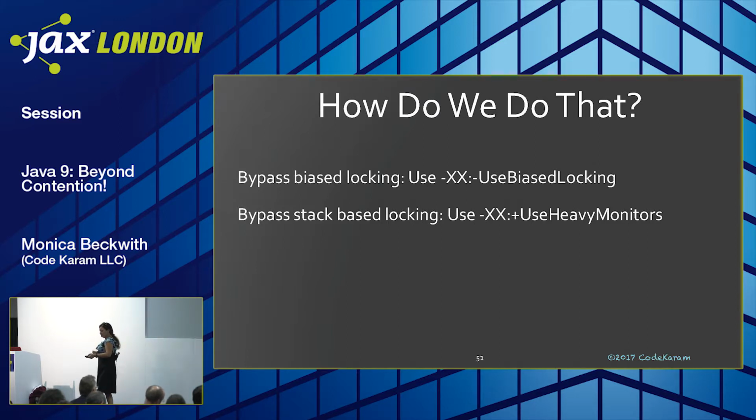And this happens to everybody. It happened to me when I tried this test for the first time. I was comparing Java 8 and Java 9, and I was wondering why it wasn't showing the improvements that I thought it should show. That was because biased locking was enabled. If you go down the stack, which is called the fast path, biased locking is tried first.